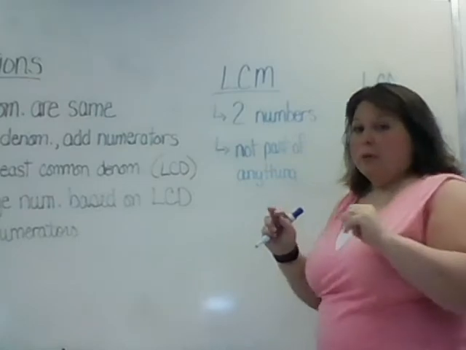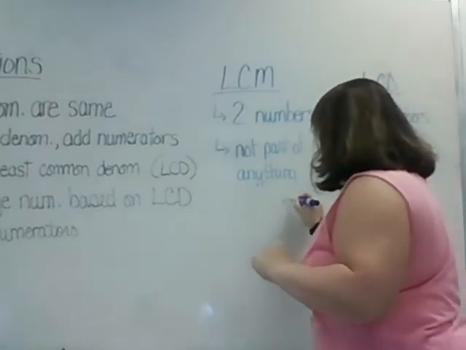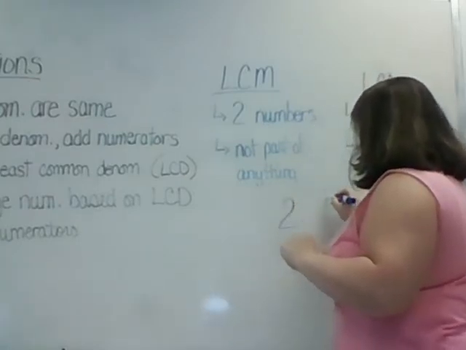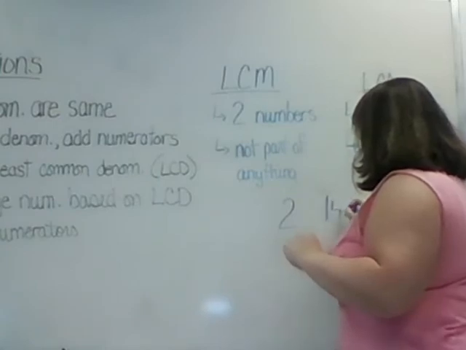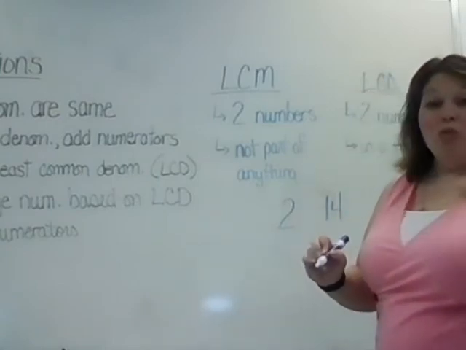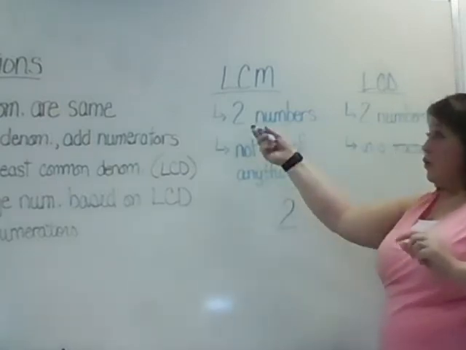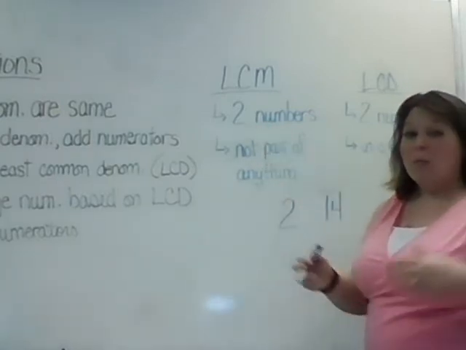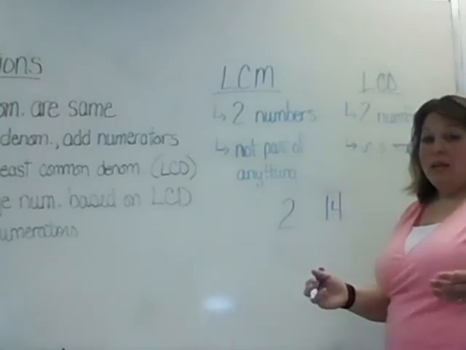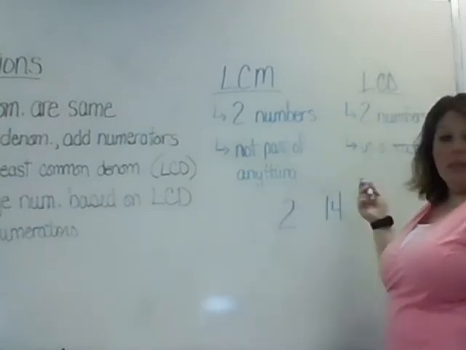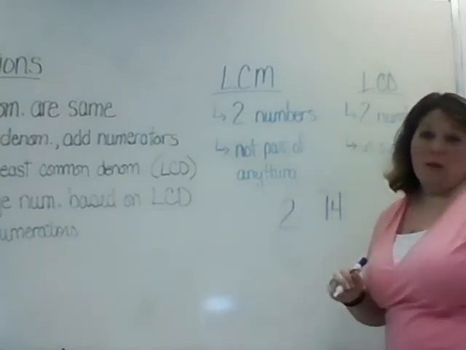So for example, if we used the numbers 2 and 14, right now, because they are not part of fractions, they're going to fall under the least common multiple category. Literally, if I drew these as fractions, they would end up as least common denominators.